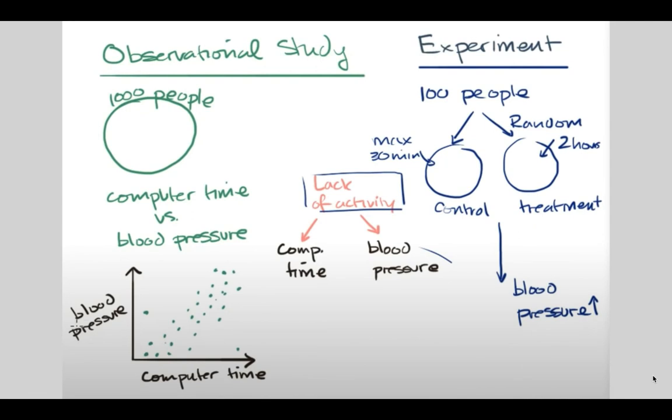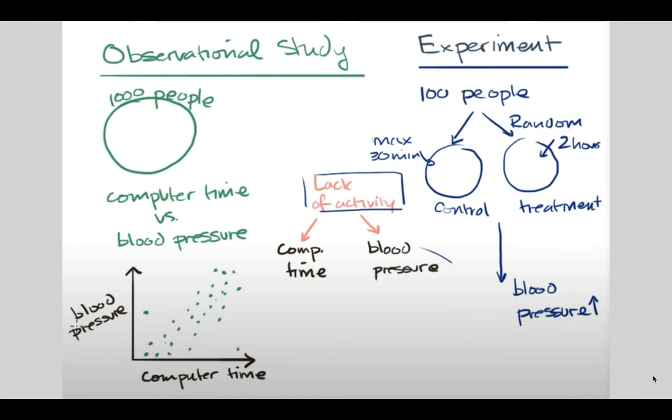All right, if we were just graphing the results to both of those questions and seeing how the variables move together, we might be able to say that higher blood pressure correlates with more computer time, but we would not be able to say that computer time causes high blood pressure in an observational study.